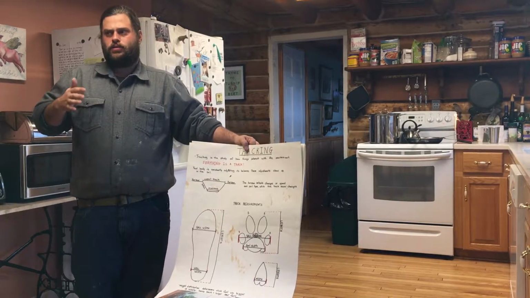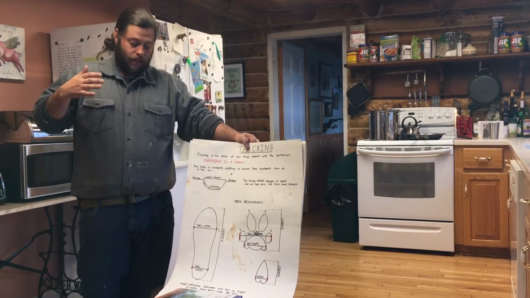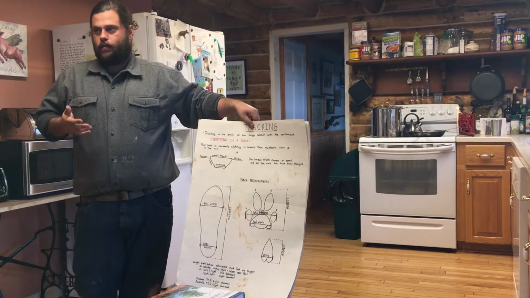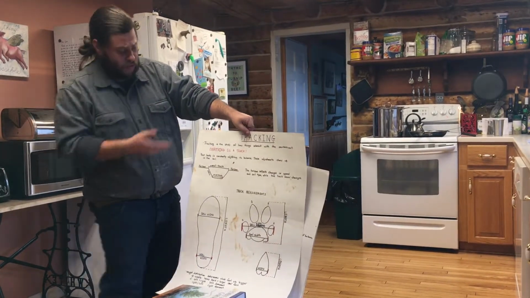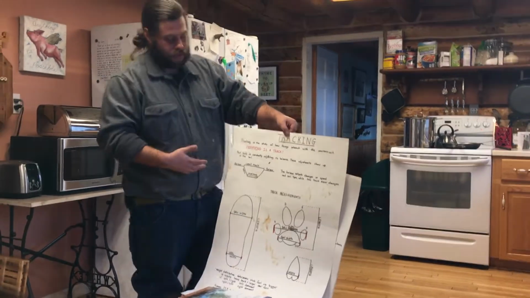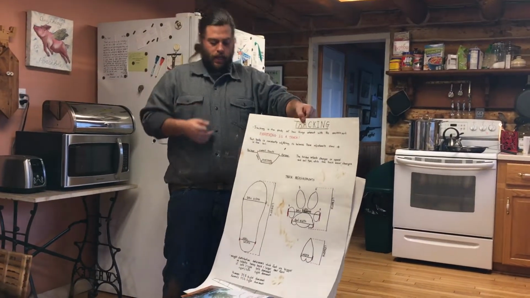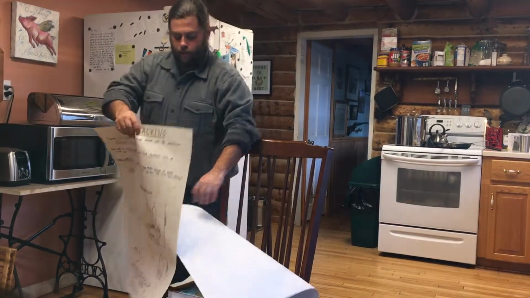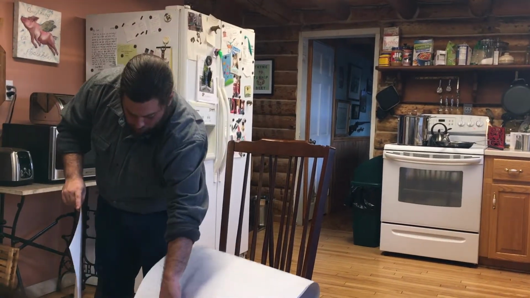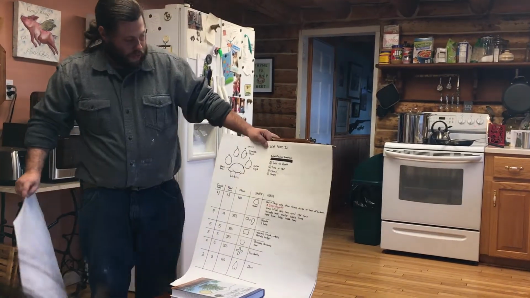In animals, it's closer to a 50-50 split, but it seems like 55% are right-hand dominant for whatever reason. So this is how we measure tracks and how we make sure that it is the same animal that we're looking at. There are other ways to do it, but that's the most general notion.